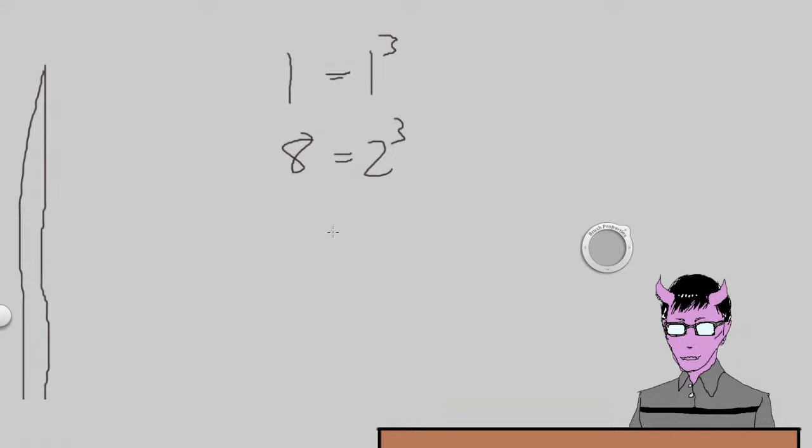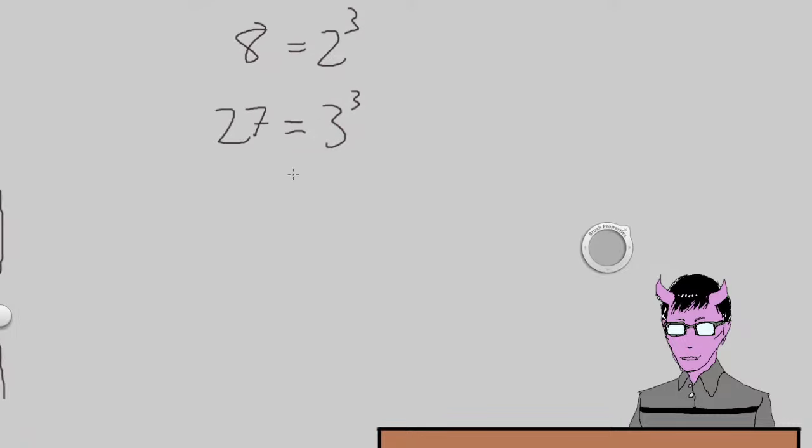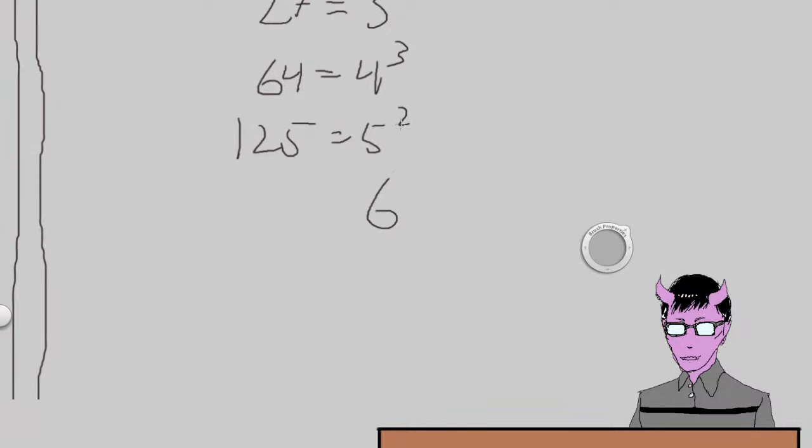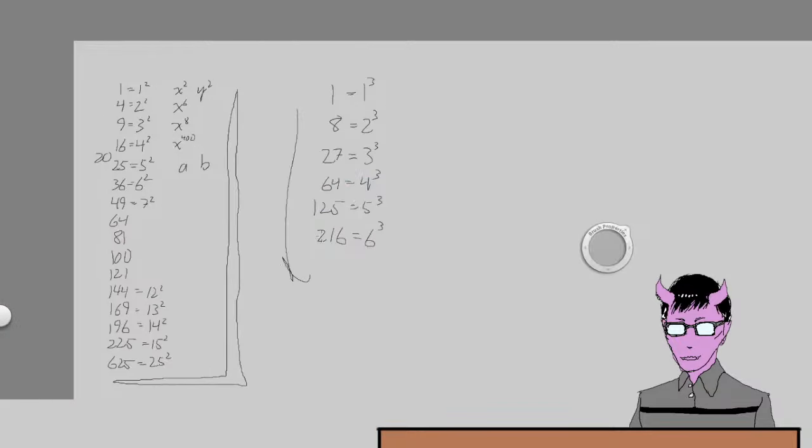You should memorize these ones, but it's not super important, I would say. 3 cubed is 27, 4 cubed is 64, 5 cubed is 125, and then 6 cubed is going to be 36 times 6. What is that? 216. Okay, so you're not going to see these numbers. They're not going to go beyond 6 very often, honestly, but they might.